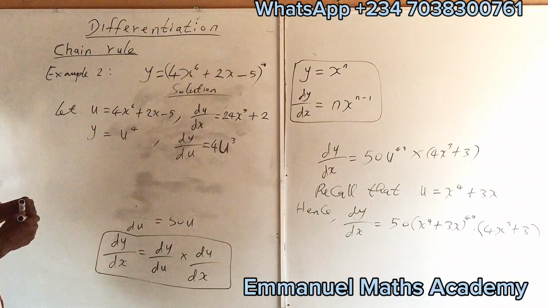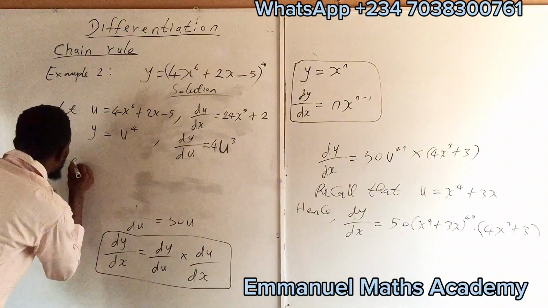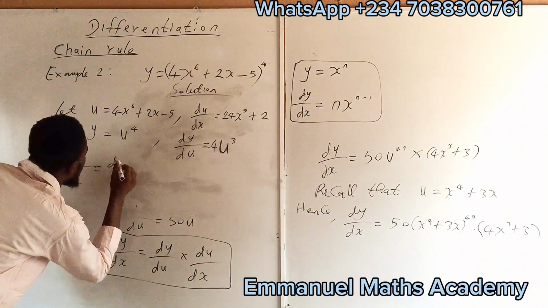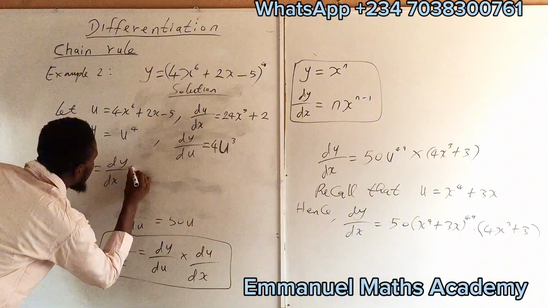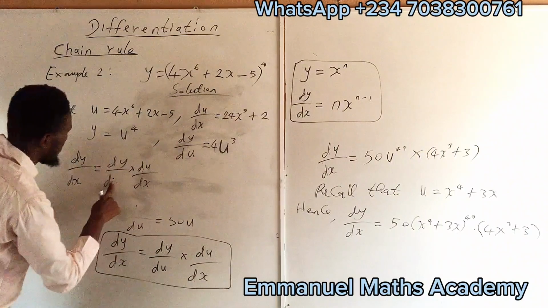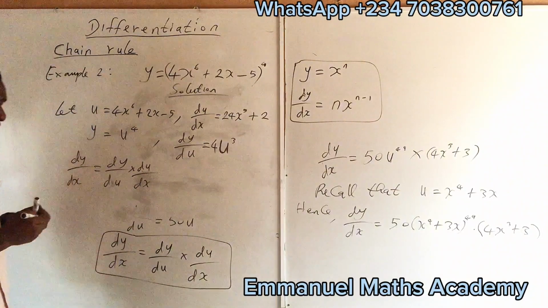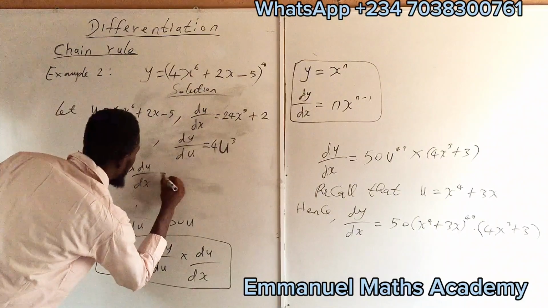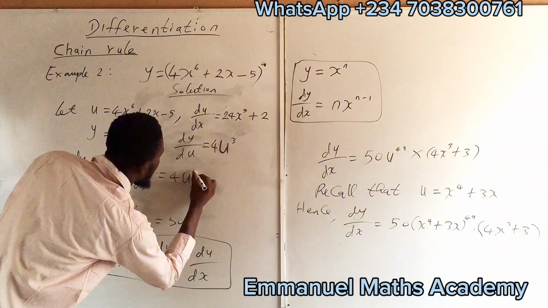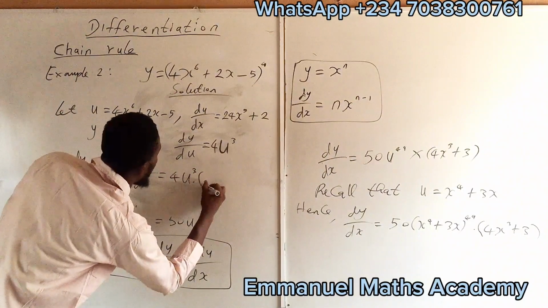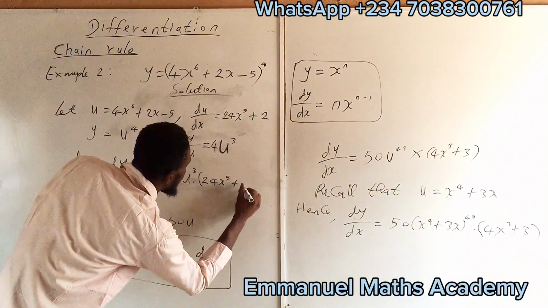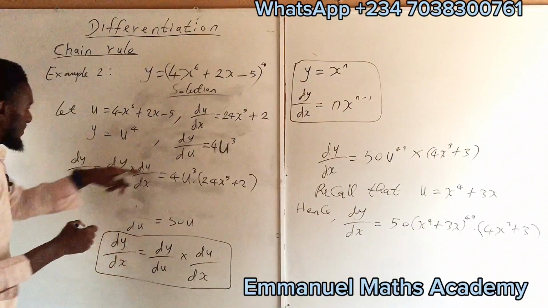Is that correct? Yes. Now, the chain rule: dy dx is equal to dy du times du dx. What's our dy du? Our dy du is 4u to the power 3, times du dx, which is 24x to the power 5 plus 2.